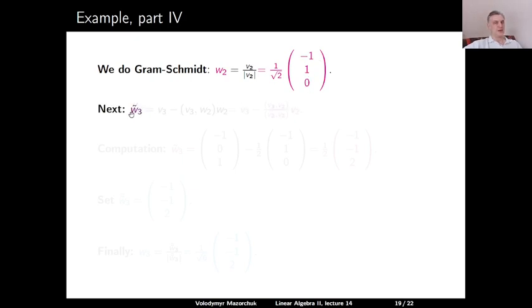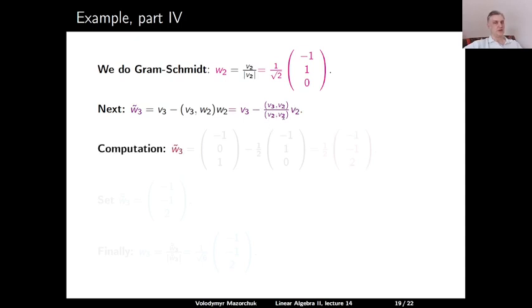Next, we need to find the auxiliary vector w3 tilde, which is defined as v3 minus w2 with the coefficient, the scalar product between v3 and w2. Since w2 is v2 divided by the length of v2, we can rewrite it as v3 minus v2 with the coefficient, the scalar product between v3 and v2, divided by the scalar product between v2 and v2.